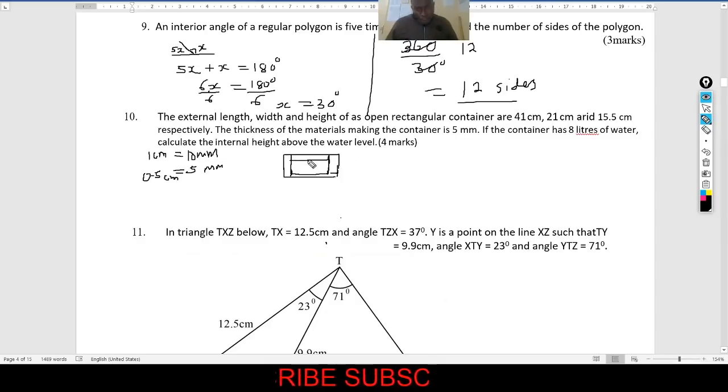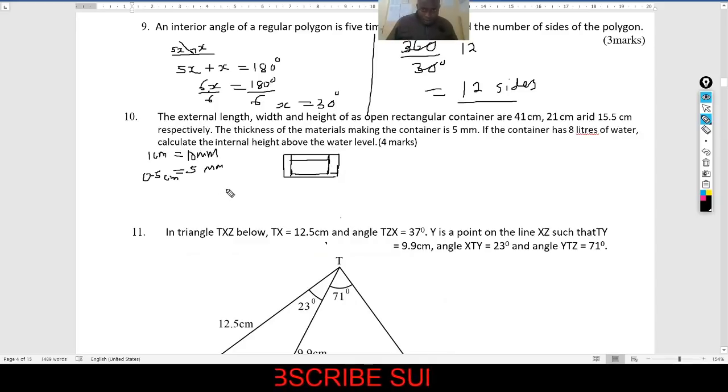It's open at this point, so that distance is not covered. We shall have 0.5 for the length, the width also 0.5 and 0.5, but the height will not be 0.5 on one side. That side is open, so the 0.5 is not covered.